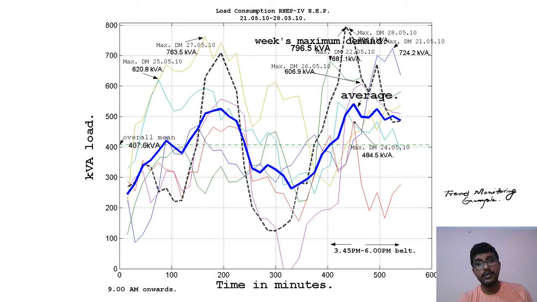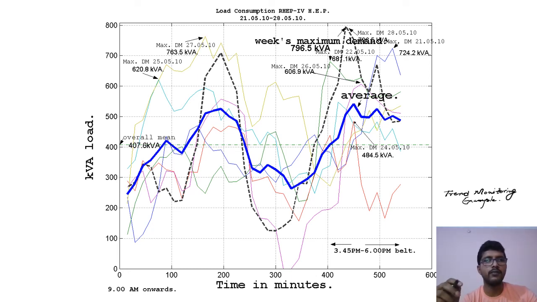Now, this is an example of trend monitoring. I have drawn a load curve of the Rangit Stage 4 hydroelectric project in Sikkim, from May 2010. Seven days were observed. I have plotted all the data into one graph, and you can see various colored lines, each representing the load curve for a particular day with some maximum demand.